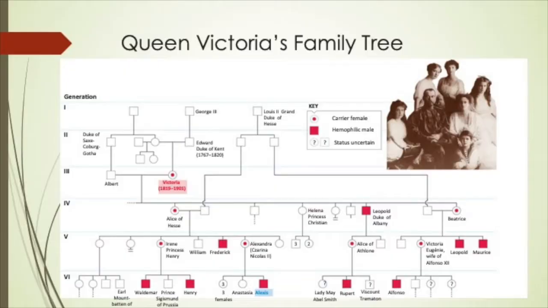A good example, Queen Victoria was a heterozygous carrier for hemophilia. So if we see Victoria's offspring here, Leopold, Duke of Albany, he had it. And then we go down: Leopold, Morris, Alfonso, Rupert, Alexis, Henry, Frederick.